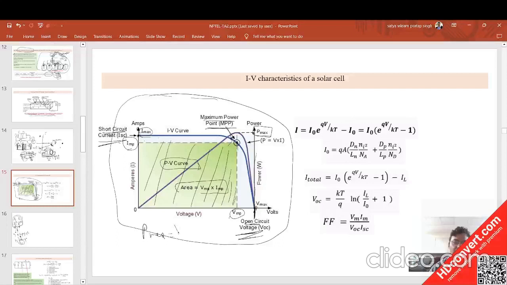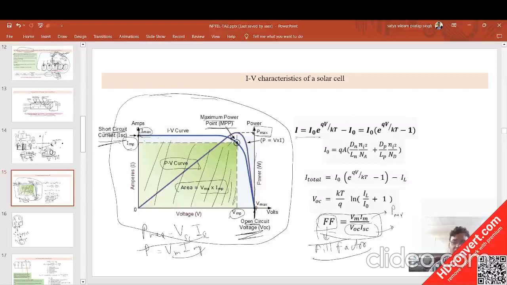Pmax is the product of VOC and ISC, the physical maximum you could generate, whereas VmpImp is the maximum power which can actually be generated. This ratio is the fill factor. We have one question also, after that we can understand that also.